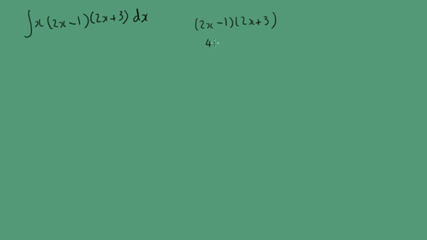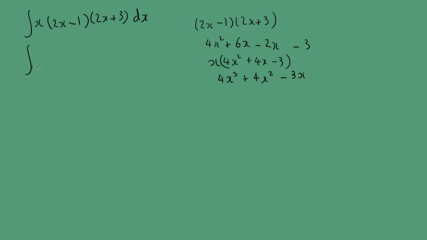So that's going to be 4x squared plus 6x minus 2x minus 3. So that's 4x squared plus 4x minus 3. And then you're going to multiply that by x. So that's going to give us 4x cubed plus 4x squared minus 3x.